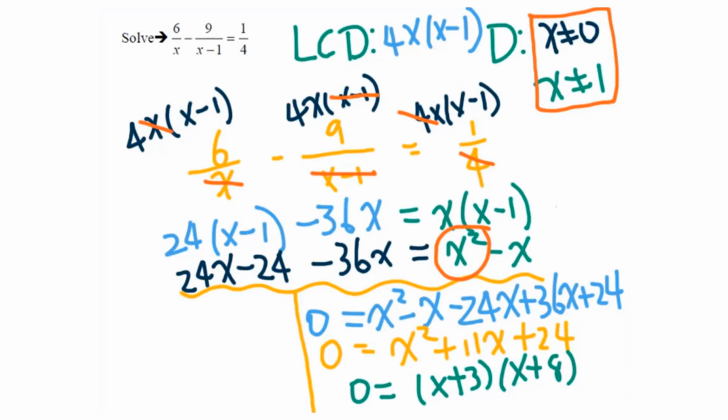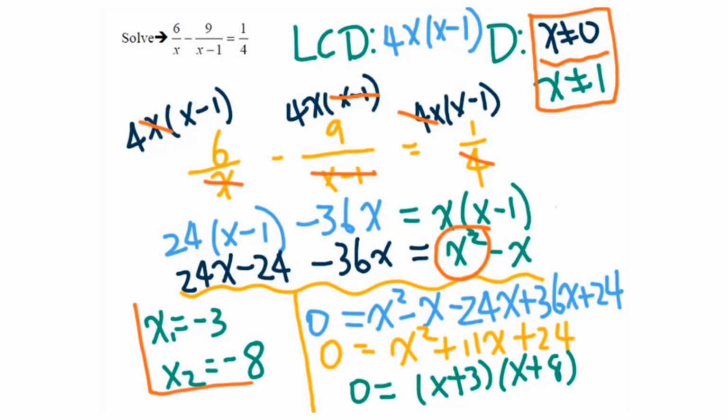Therefore, x1 will be -3 and x2 equals -8. Check the domain. As long as x is not equal to 0, x not equal to 1, that means it's a good solution. Therefore, this will be the solution to this equation.